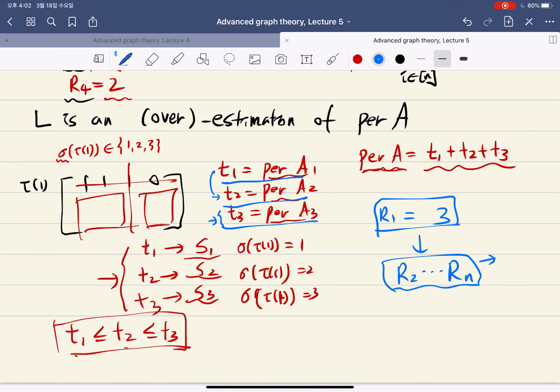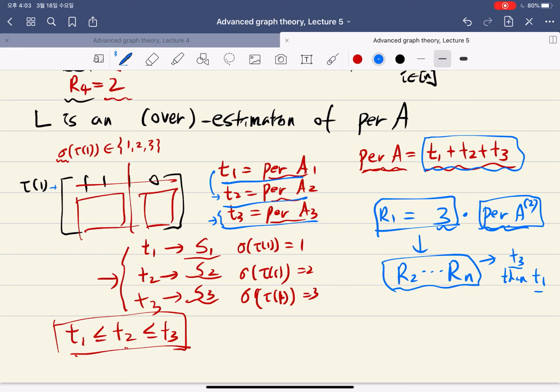So this tends to be closer to, say, T3 than T1. Then 3 times this number, the permanent of the remaining, say A2, and it's more probable that this is closer to T3 than T1. Then 3 times that number should be bigger than the permanent of A. So I hope this can provide you some intuition why this procedure would give you an overestimation.